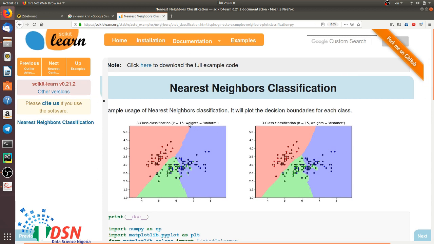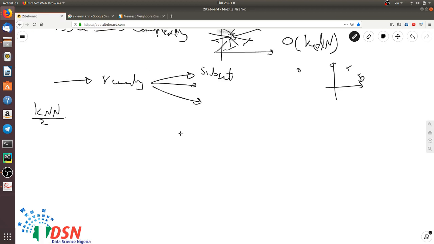And you could actually see one parameter, which is weight. It is uniform, and in here we have distance. It means that when you consider the data points that are near to your data, maybe you want to weight based on the distance between your data points and your test data.